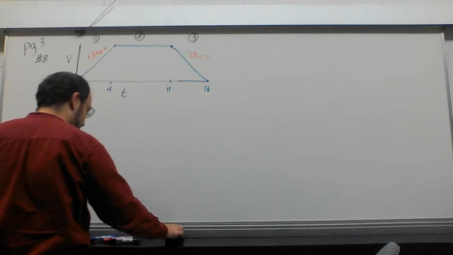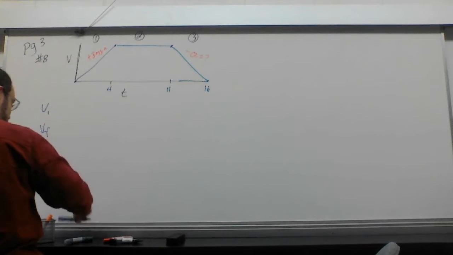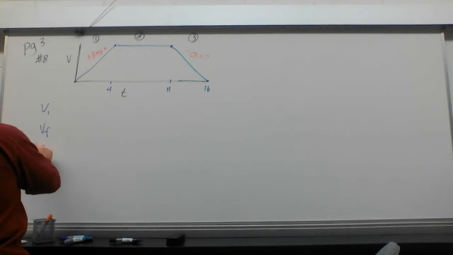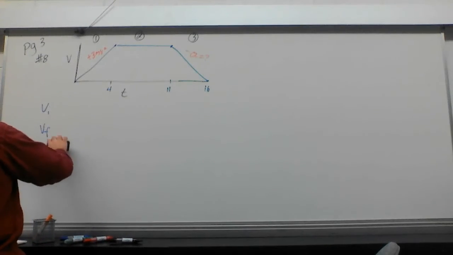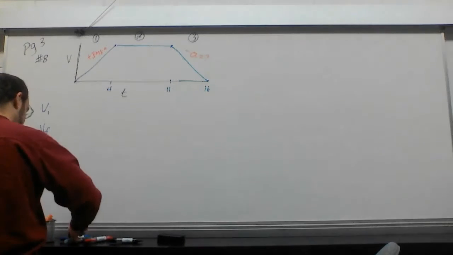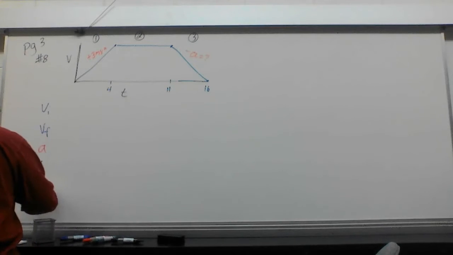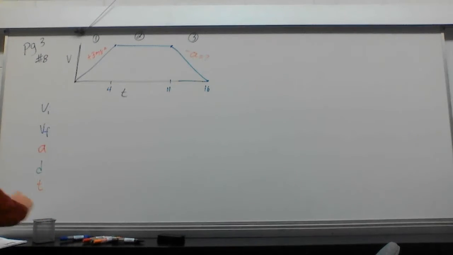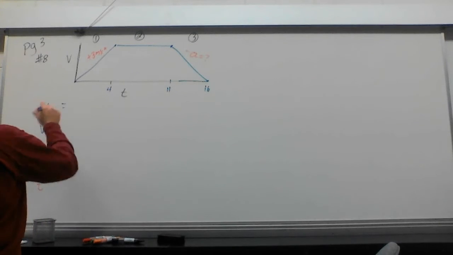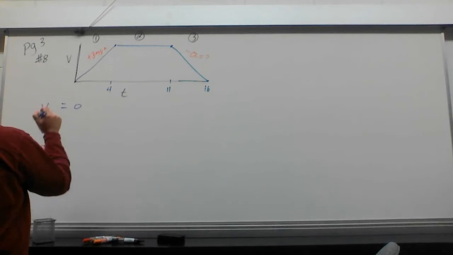Get this out of here because I need a little more space. There's going to be my 5 variables, VI, VF, A, D, and T. VI is going to be 0 for the first section because I start at 0.